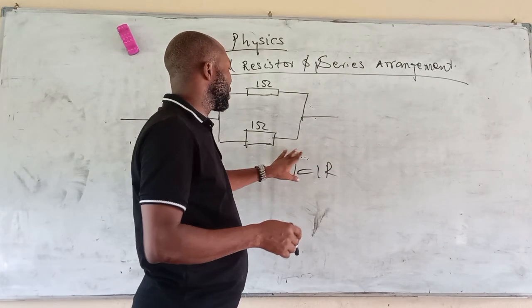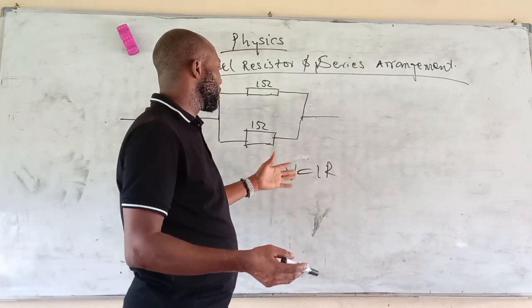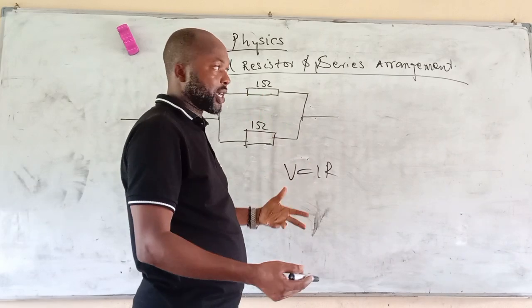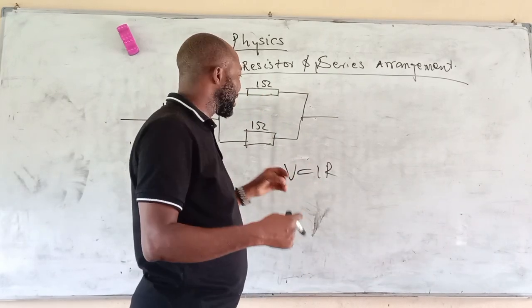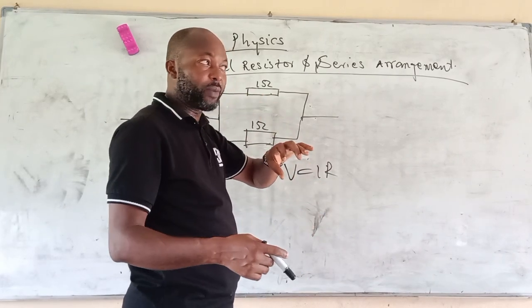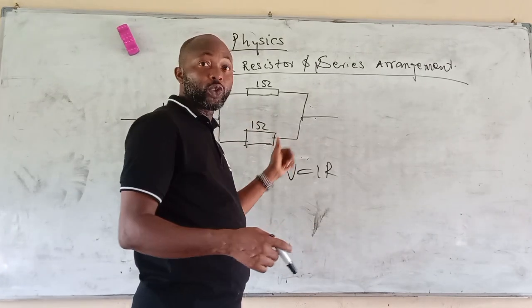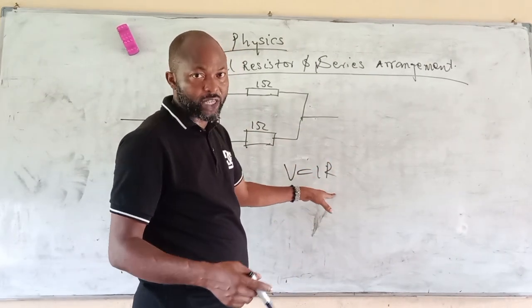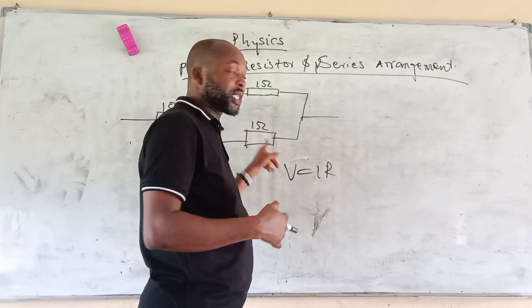This is the formula we use in Ohm's law, but since the resistors are most times in series or parallel, our knowledge of how to do that becomes very important, because if we're unable to do that, we cannot apply it when dealing with this formula. So that is why today I'm taking my time to show us this.